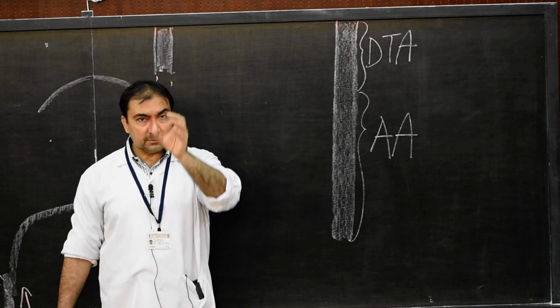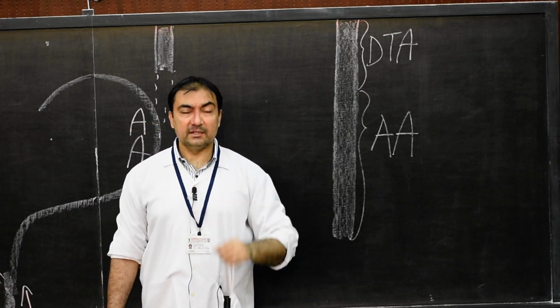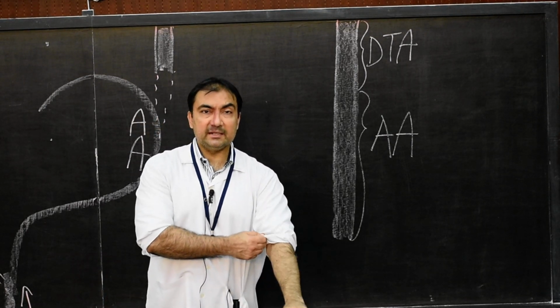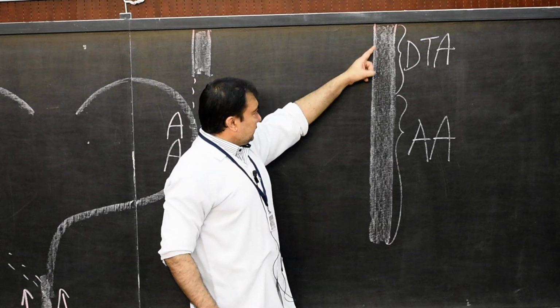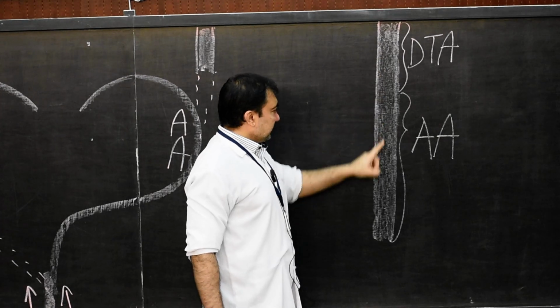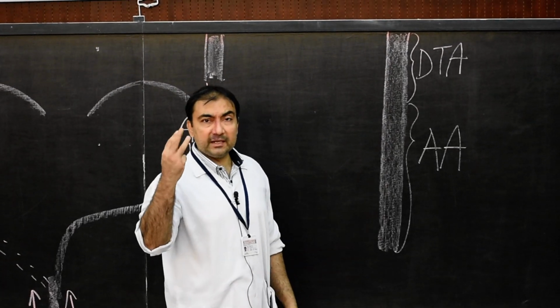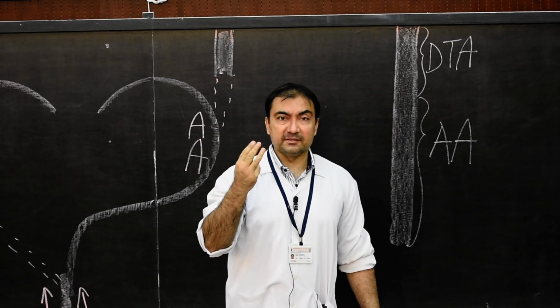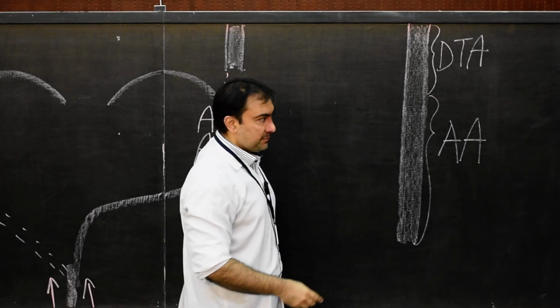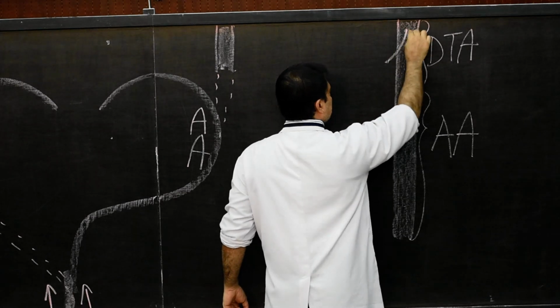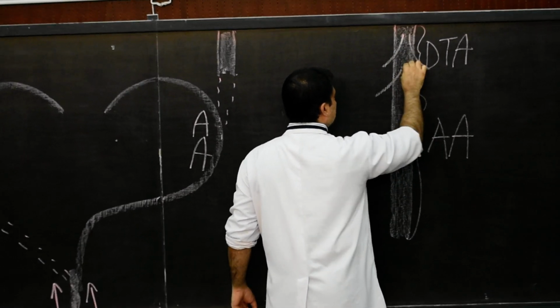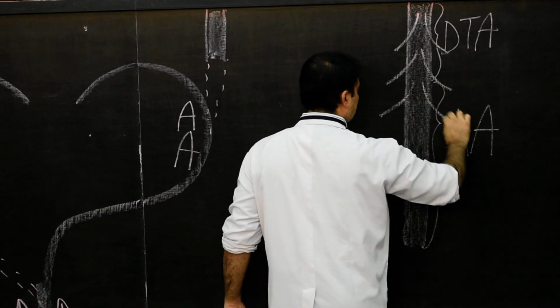What are the branches from that median dorsal aorta, where the right and left have fused with each other? This portion of the dorsal aorta passing through the thorax and abdomen will have three patterns of branches. The first pattern will be ventral splanchnic. Ventral means from the ventral wall.